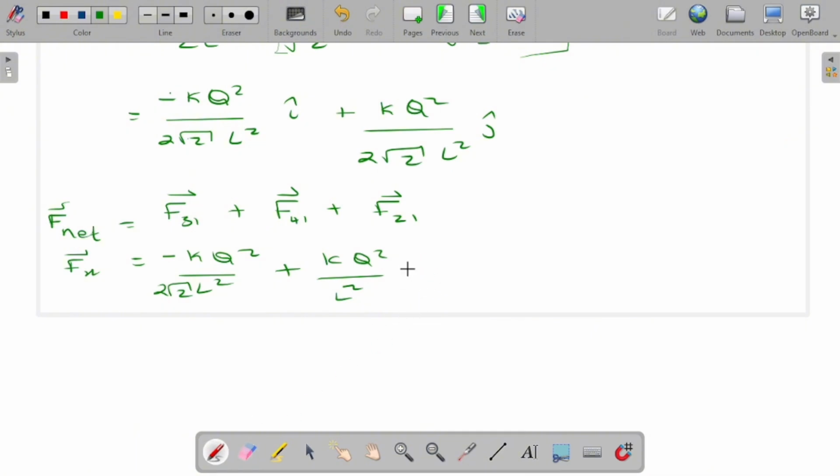And then you took KQ squared over L squared out, bracket 1 plus 1 over 2 root 2. No, just 1.